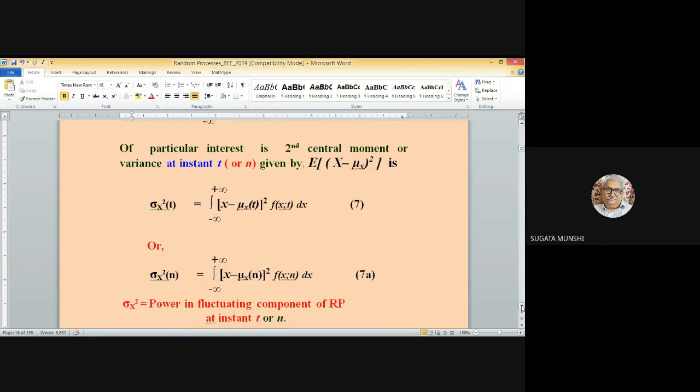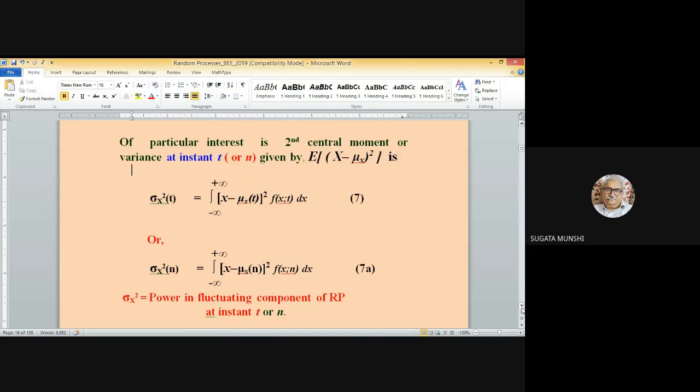Variance, you know, it gives the power in the fluctuating component of the random process at instant t or n, because it is the mean square value of the fluctuation of the random process about its ensemble average.